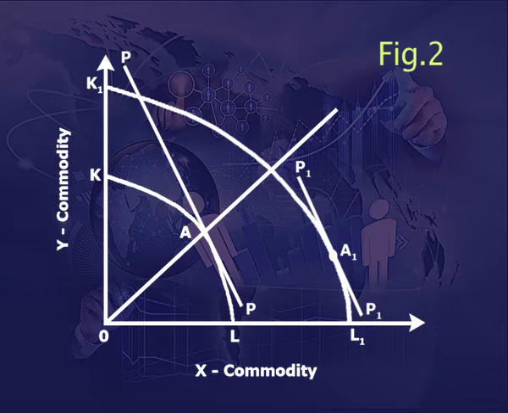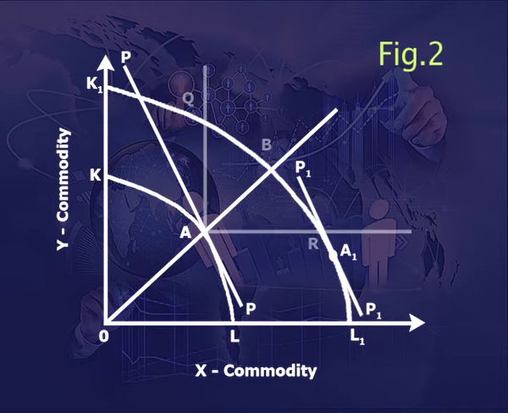At point A1, the output of X increases and that of Y decreases. Therefore, the new equilibrium point must lie within the quadrant QAR on the K1 L1 curve.